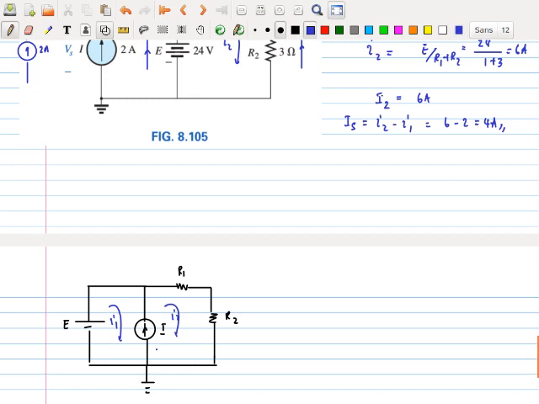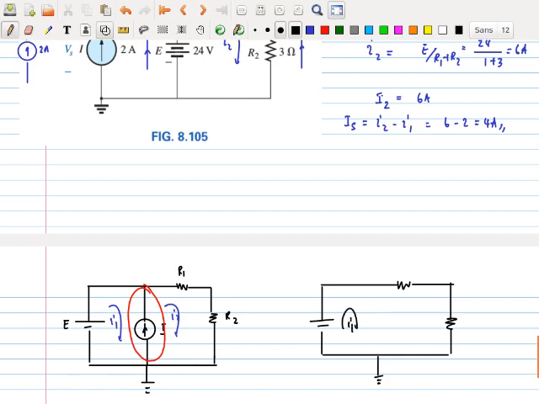So immediately from here, we can identify that this is basically the source, that offending source. We drop it and we recreate the circuit without that, and we analyze it. So here you are. That's the circuit we will analyze.